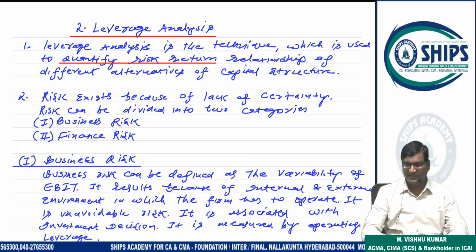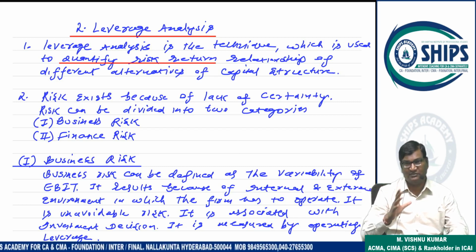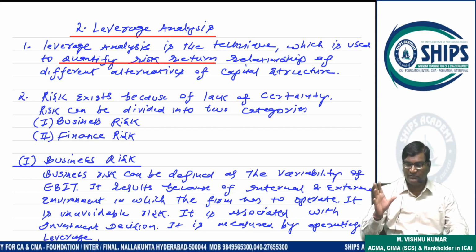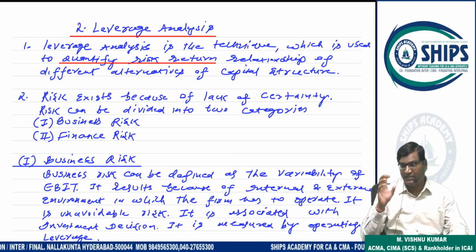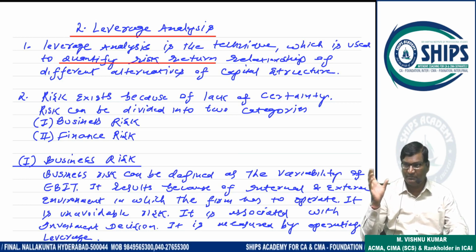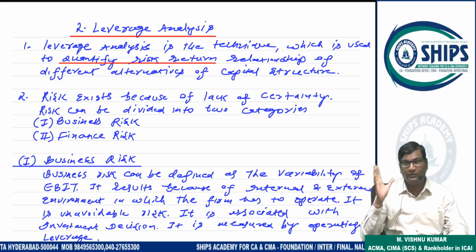For every 1% of sale increase or decrease, in the same direction your EBIT will also increase or decrease. So these points we understand in operating leverage. Example, operating leverage is 2.